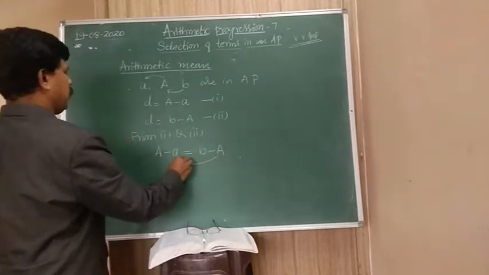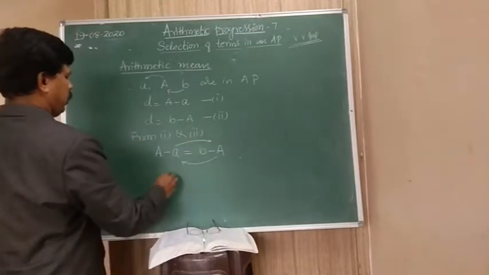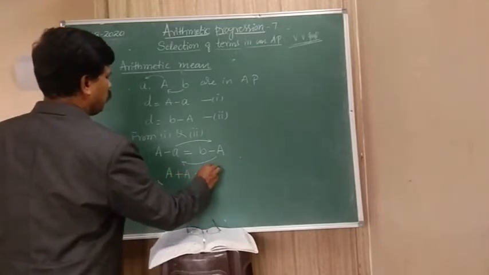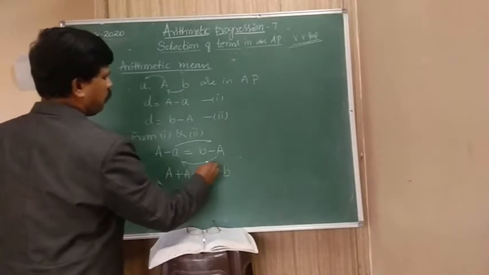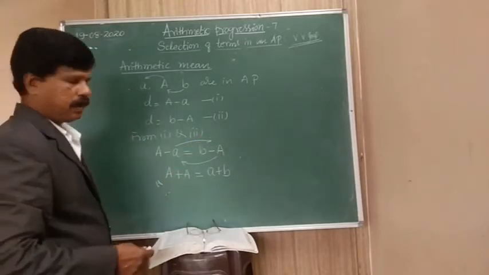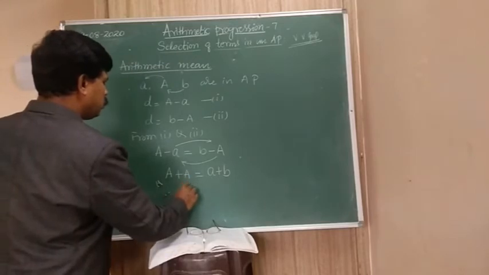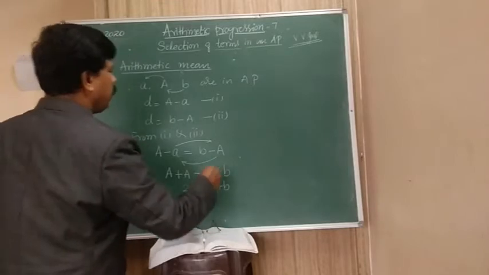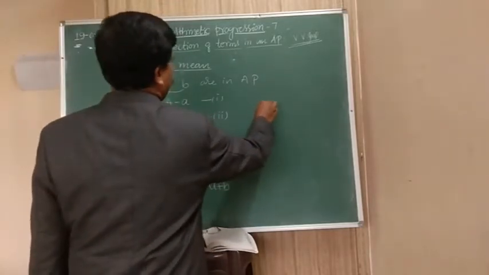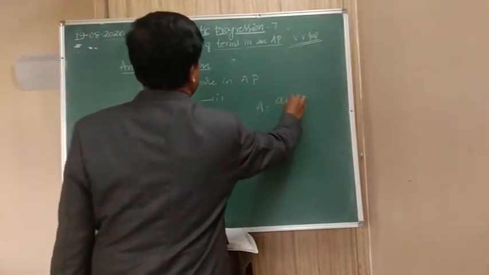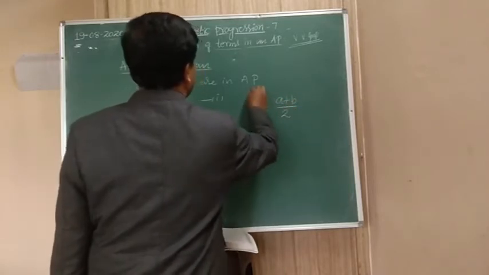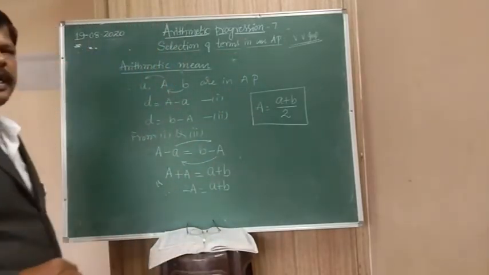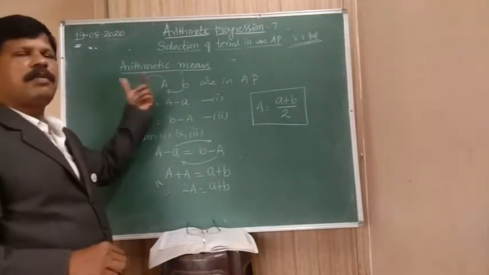Shift the capital letter to this side, small letter to this side. Then it becomes A plus A is equal to a plus b. Right? Then 2A is equal to a plus b. Then capital A is equal to (a plus b) by 2. So this is the arithmetic mean of the three numbers.